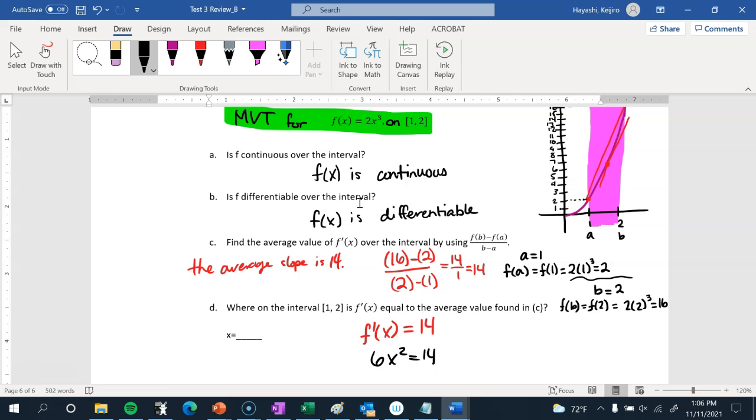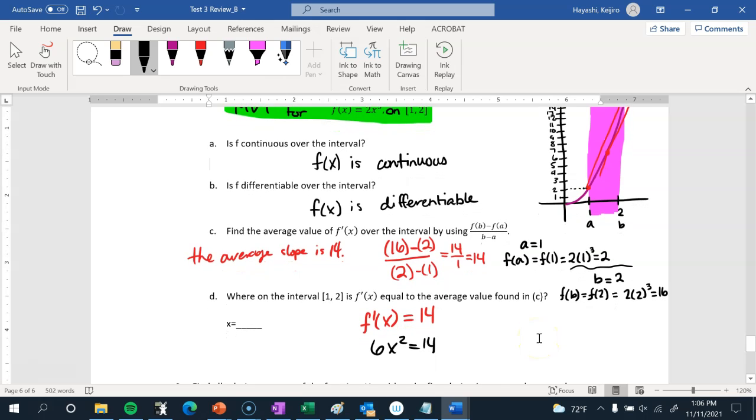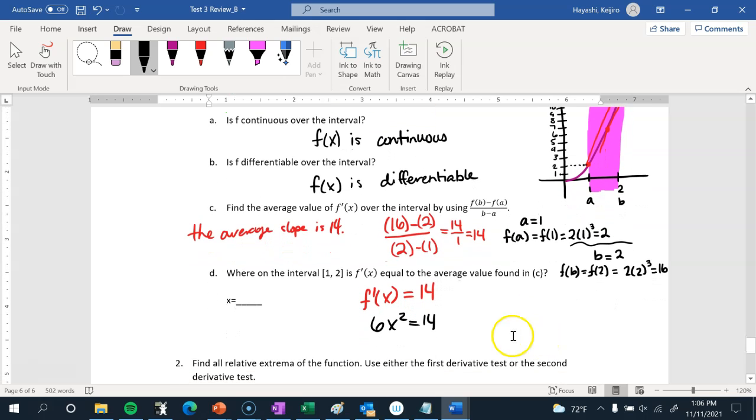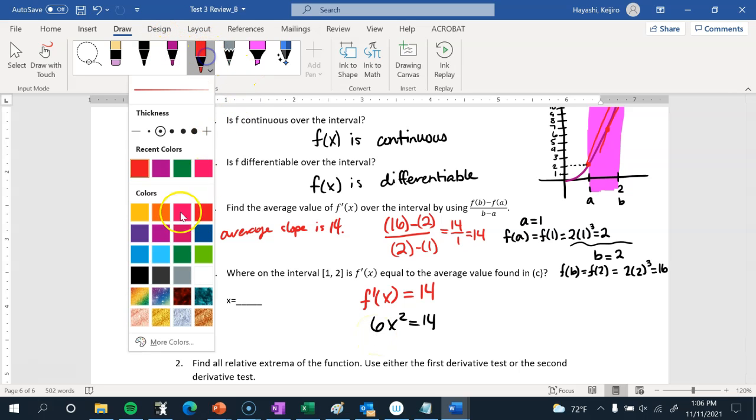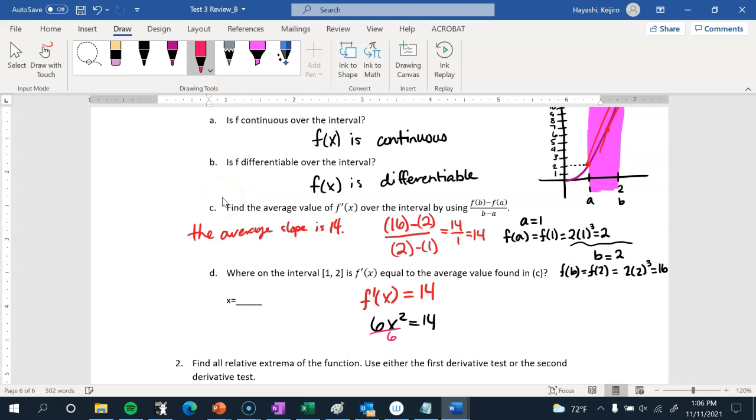Take that 3, multiply it out in front, that makes it 6, and decrease the power by 1, that makes it 6x squared. So you can subsequently solve this for x, or just divide both sides by 6. You're going to get x squared equals 14 over 6, which is probably better represented as 7 over 3.